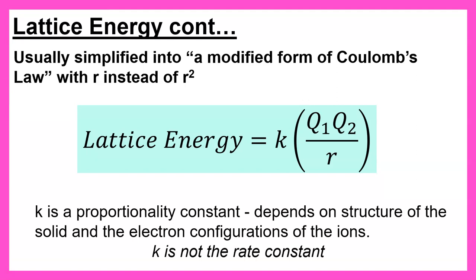And the thing here is they'll use r instead of r squared. It really doesn't matter. We're not typically doing mathematical equations. We're really looking at these in terms of proportionality. Like, oh, look, my attraction goes up when my charges go up. Look, my attraction goes down when my radius gets bigger. Those types of things.